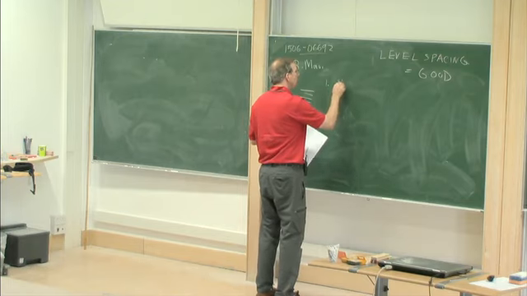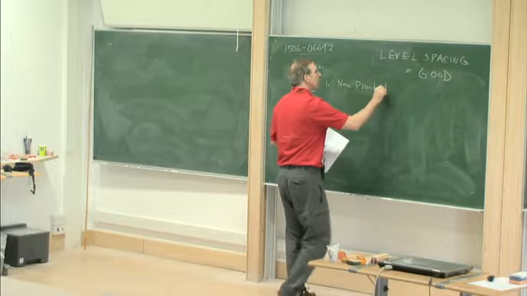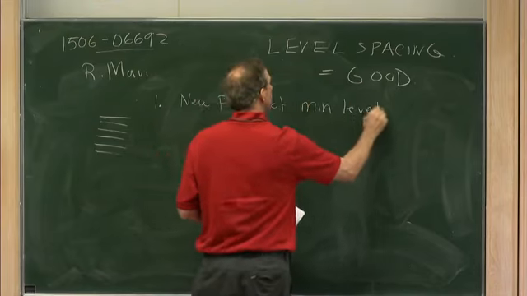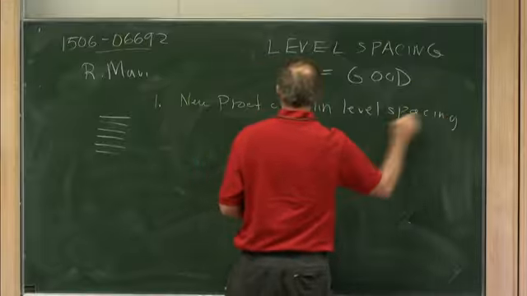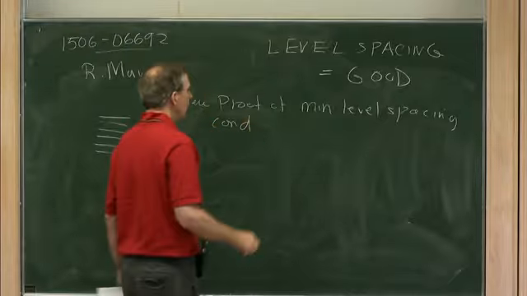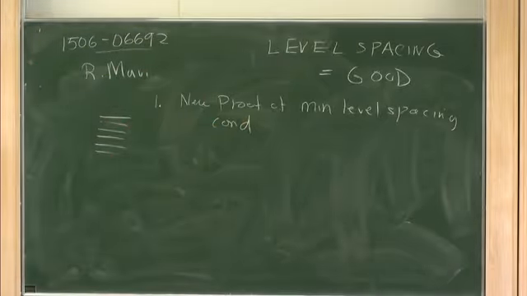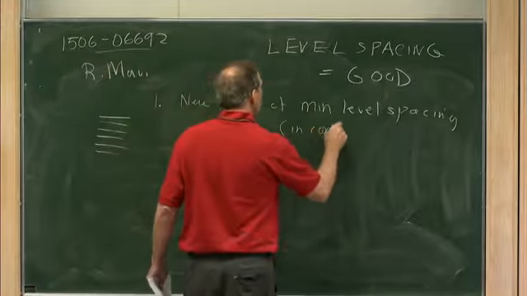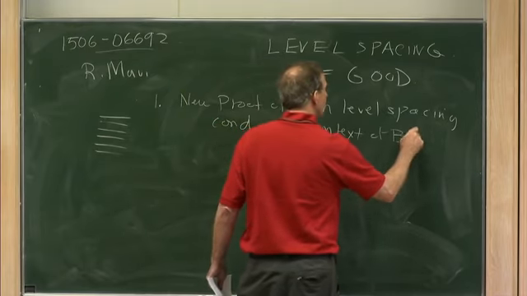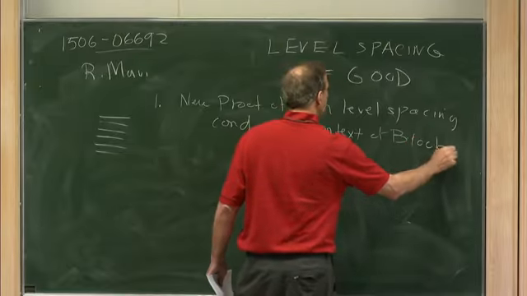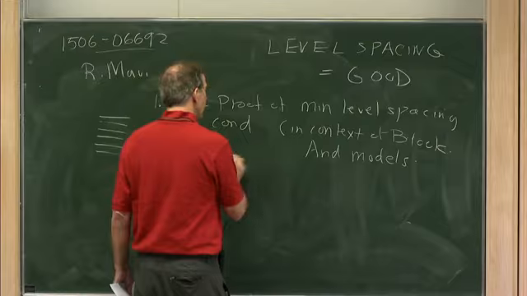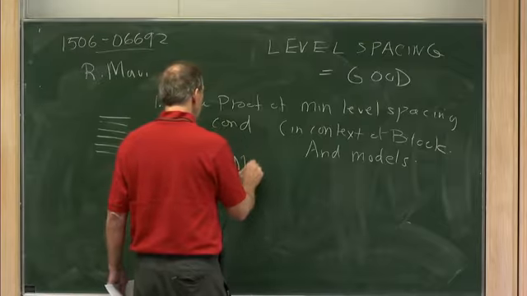First of all, there's a new proof of a minimum level spacing condition, replacing the Minami proof, which has been a staple of the study of disordered quantum systems for many years, in the context of Bloch-Anderson models, which I'll define carefully. In these Bloch-Anderson models, the Minami estimate is not available.